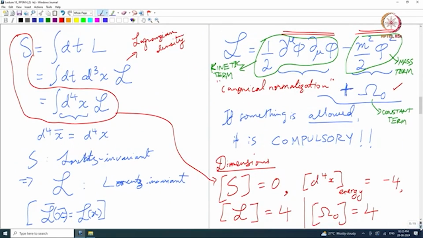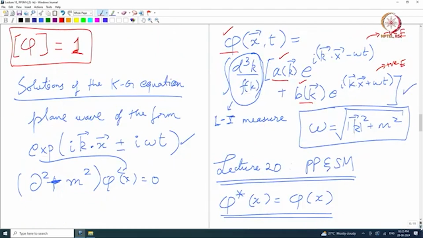So where is that? Here, there you go. When I wrote down the Lagrangian, I already wrote down the omega naught term, because just like Einstein was forced to write his constant term, we were also forced to write this constant term in the Lagrangian because it satisfied all the symmetries that we wanted. Correct? Lorentz invariance and so on. So what about that omega naught term?